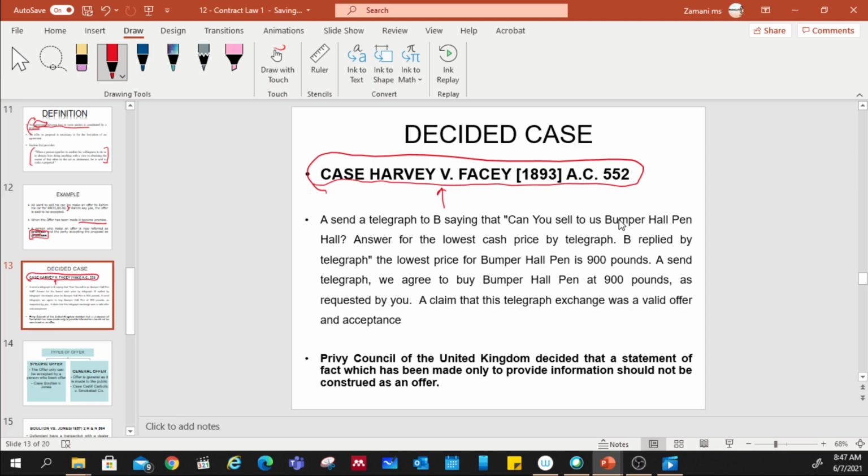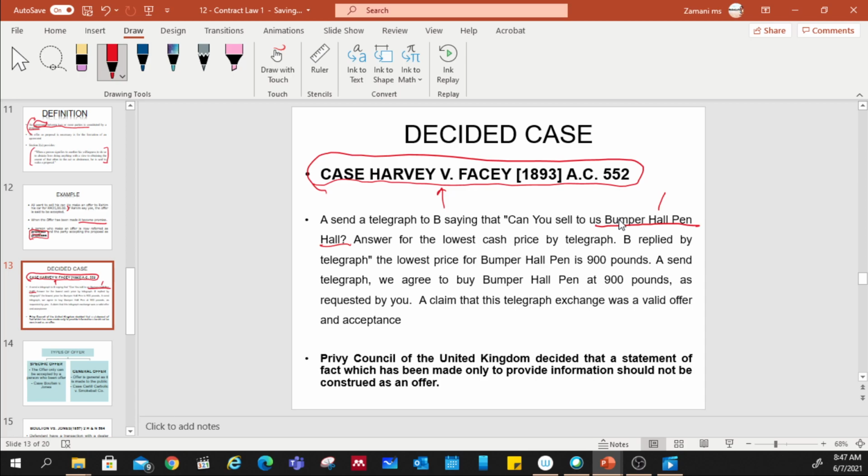This is a case where a person wants to sell a hall by using telegraph. This is very old, 1893. A wants to buy the hall from B, and asks for the lowest cash price by telegraph.